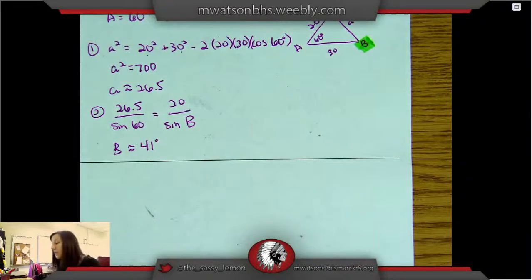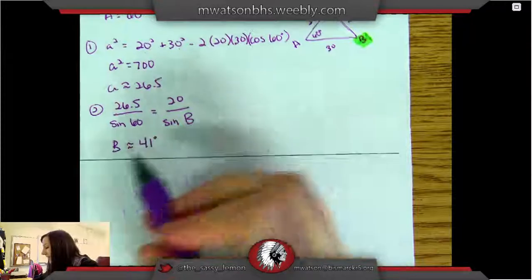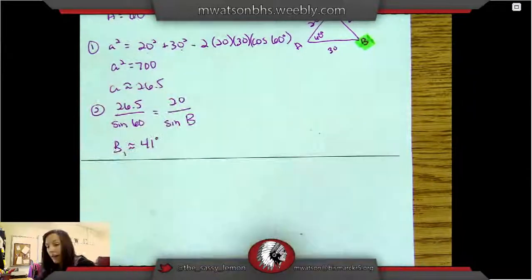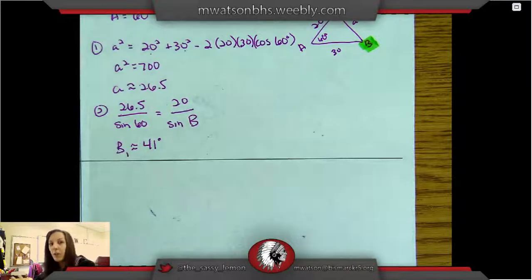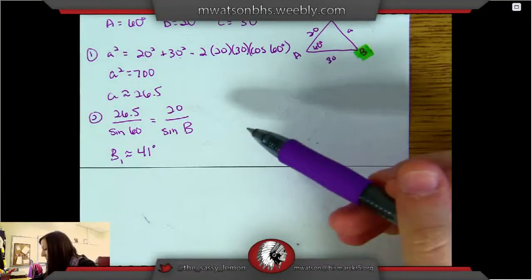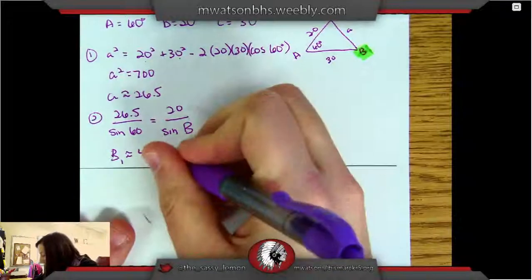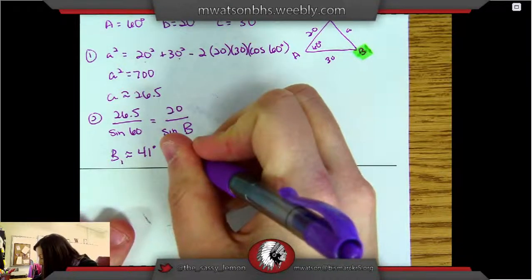Now, I said this was like skill 32, so this is technically B sub 1. So now we've got to find out, is there more than one triangle here? We've got to think about B sub 2 in the second quadrant.